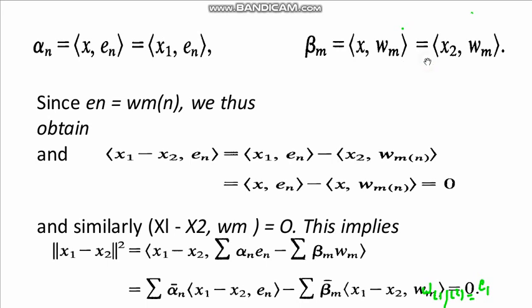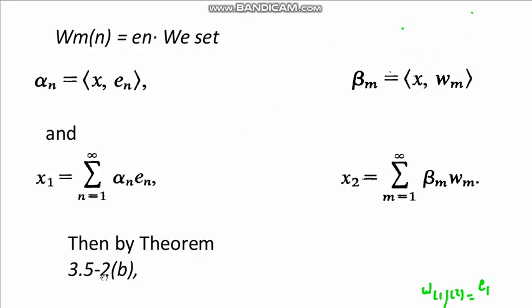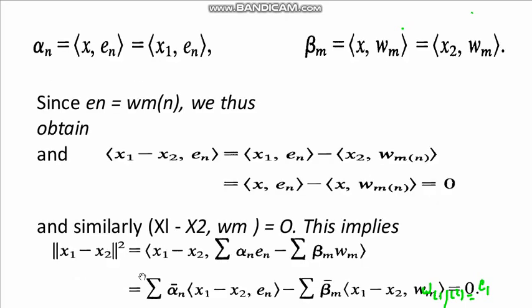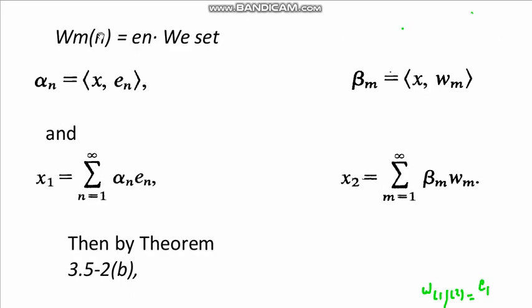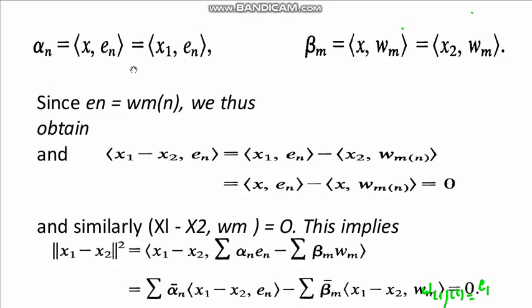Now by Theorem 3.52 part B, again this inner product of x and W_m is equal to the inner product of x2 and W_m. Since we had supposed that E_n is equal to W_m(n).